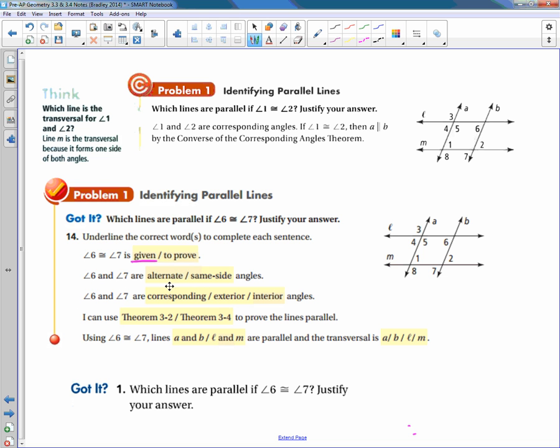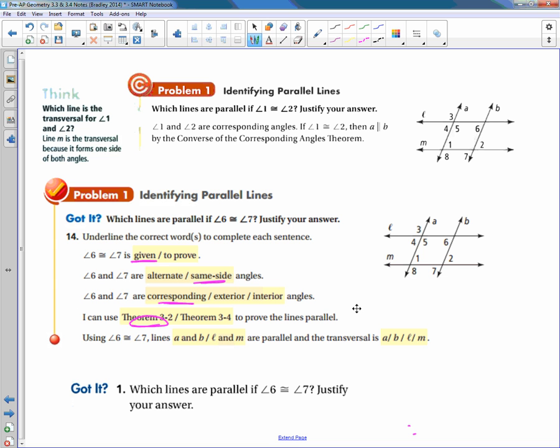6 and 7 are alternate or same side? They're same side. 6 and 7 are on the same side of B. Are they corresponding exterior or interior angles? Corresponding, okay? I know with the numbers, we'll have to check. Somebody look. Which one's 3, 2 and which one's 3, 4? I think 3, 2 is the corresponding one because it was the one we did first. Yeah.